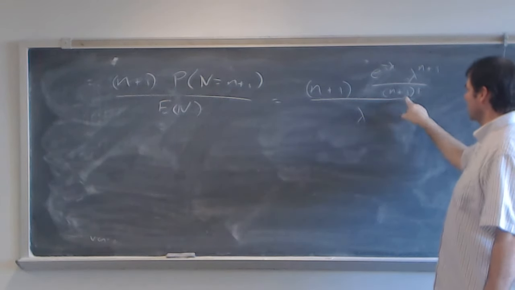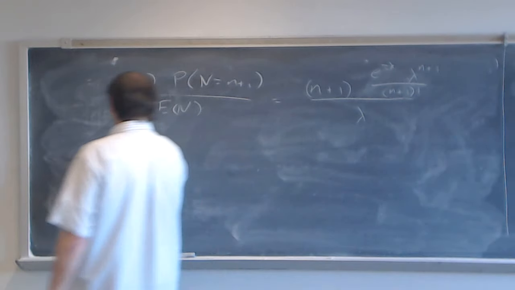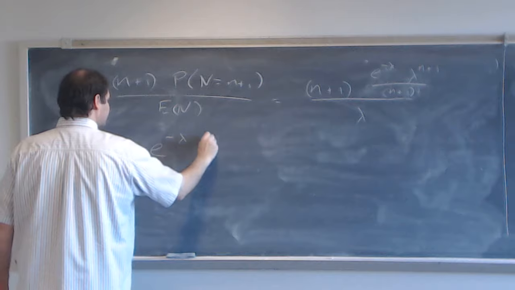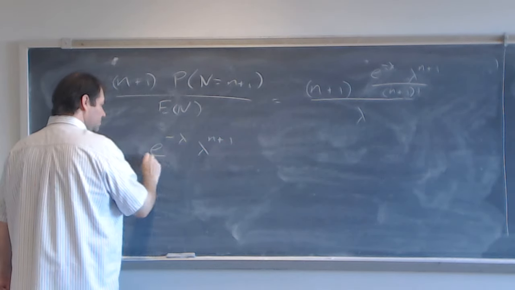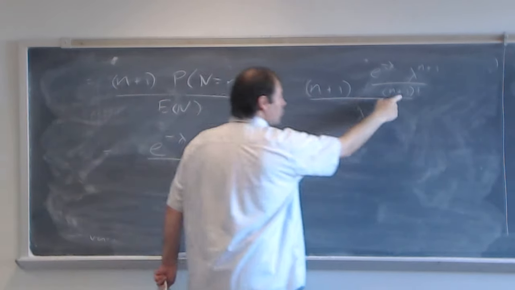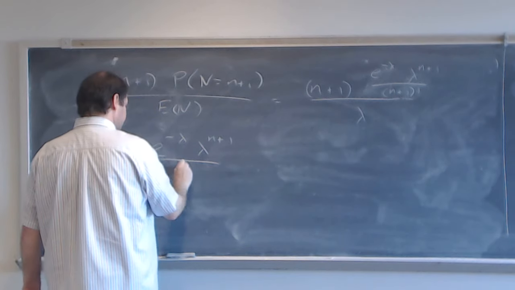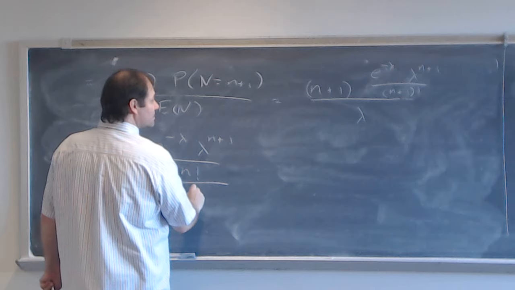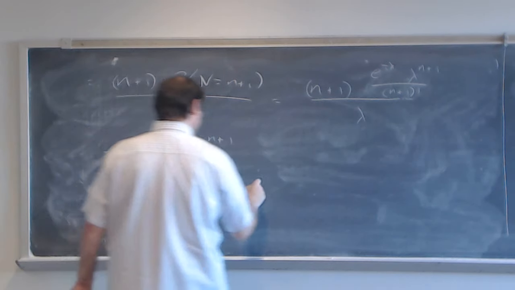This n plus 1 here and this n plus 1 factorial have some cancellation, and so we're left with e to the minus lambda, lambda to the n plus 1, over n factorial, all over lambda.